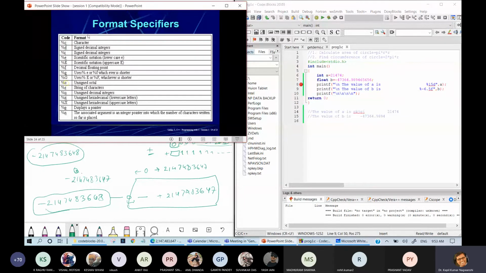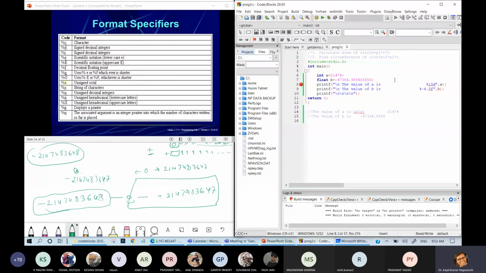Now these are different format specifiers. Here, if you have written a decimal number, you know that 64 decimal is equivalent to 100 in octal. If I am putting O over here, and let this be 15.